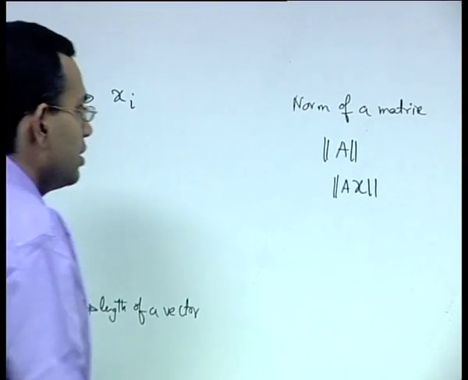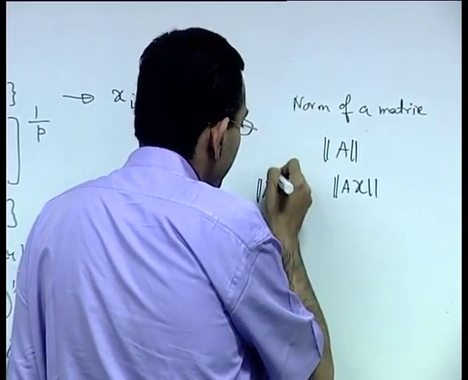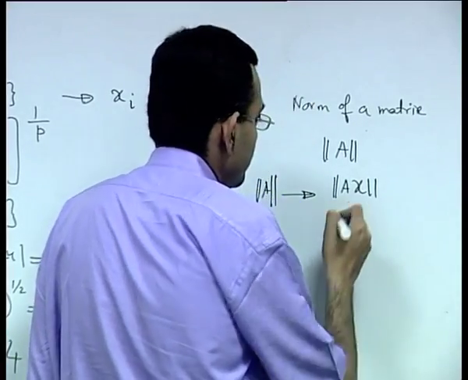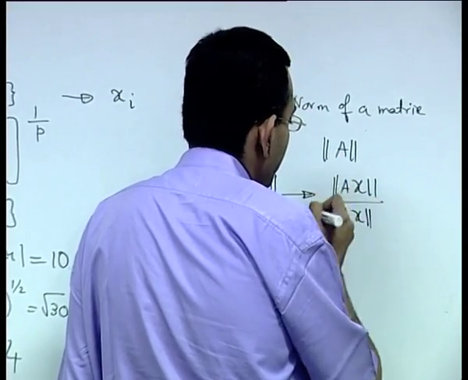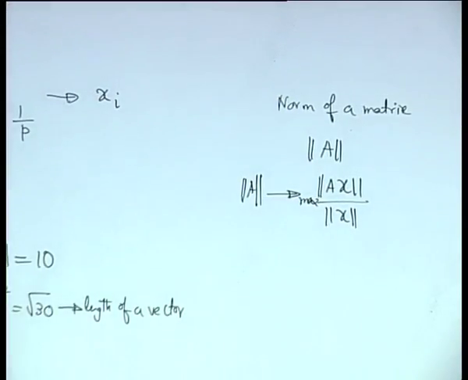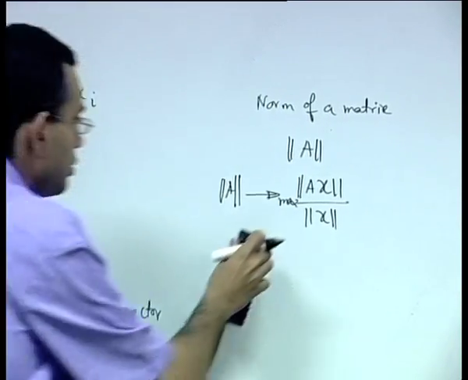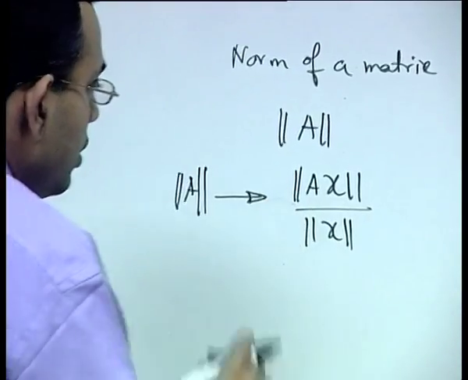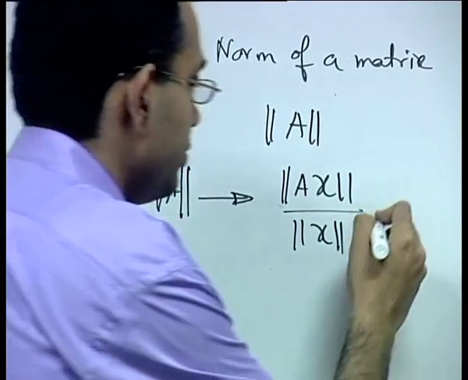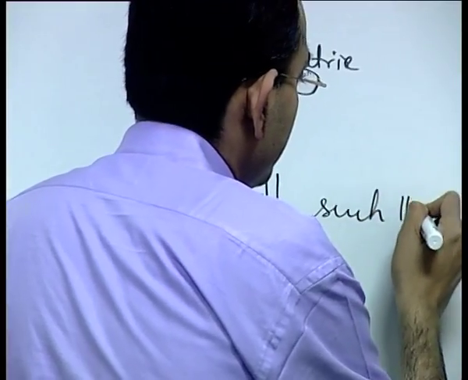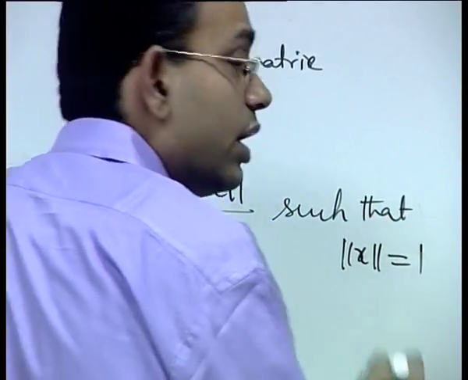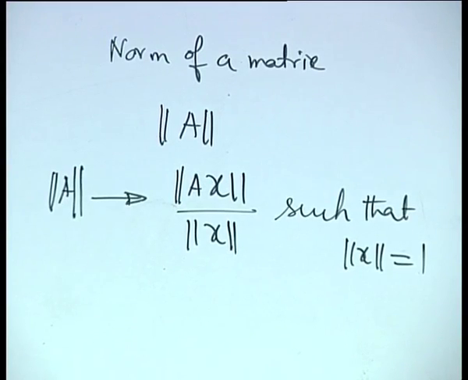So, you may define norm of A as norm of Ax by norm of x, maybe maximum of that, or you may define it in a way such that norm of x is equal to 1, that is, you may normalize it in this way.